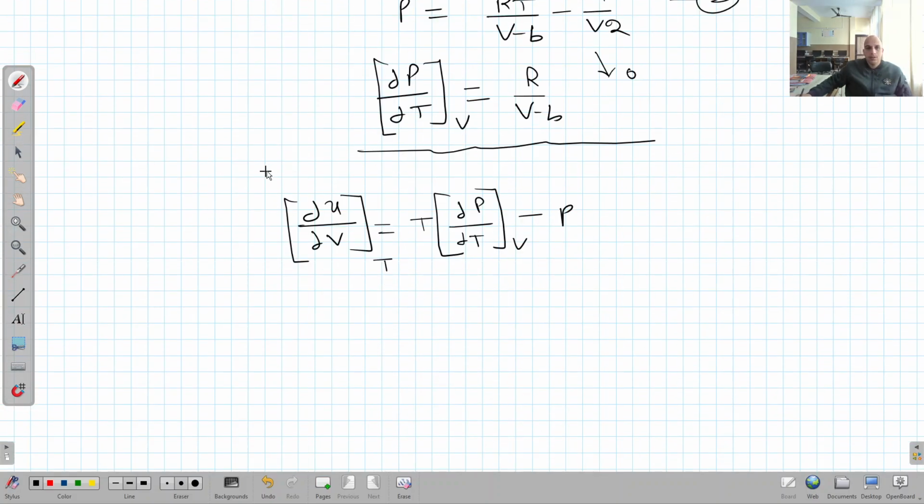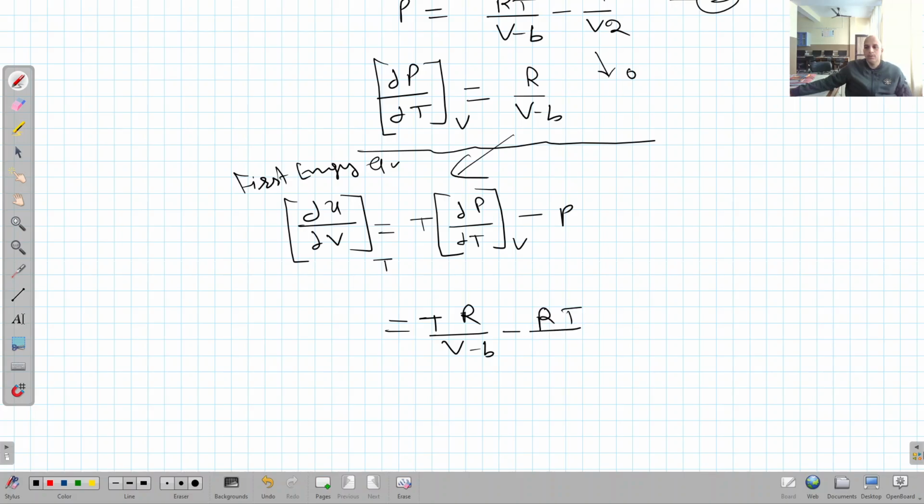Now we are going to put the value here. So it will become T into R/(V − b) minus P.